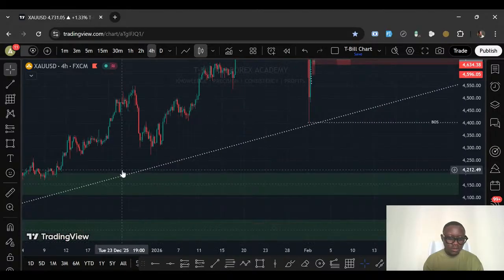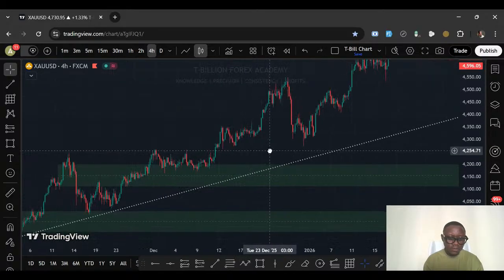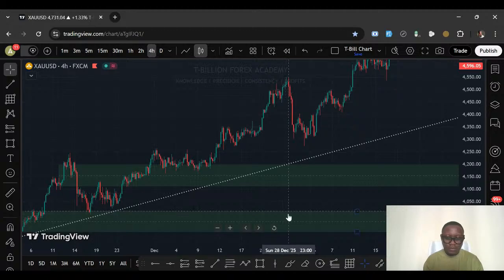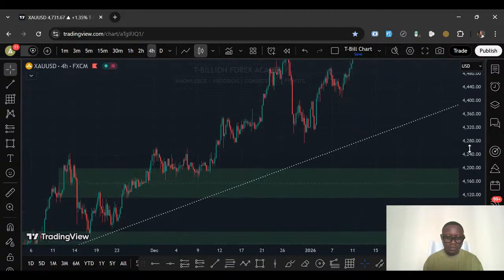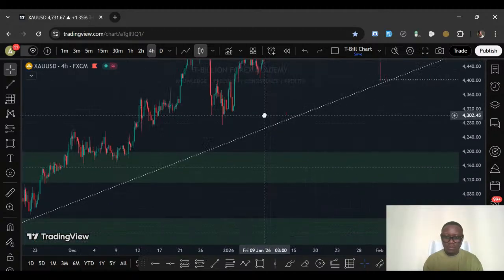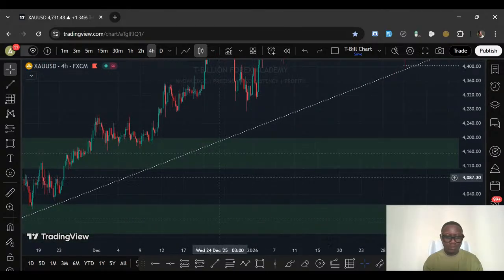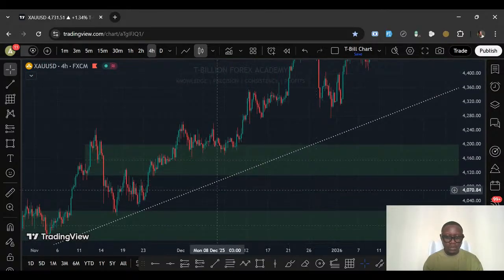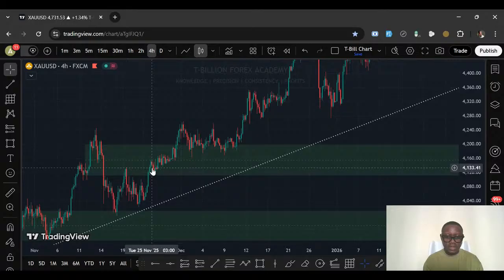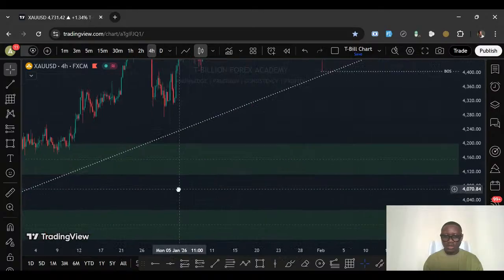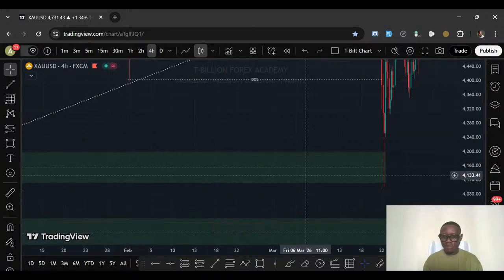Hold on, let's see where this is coming from. So price reacted at an order block zone right here. Okay, that's where we got this reaction.